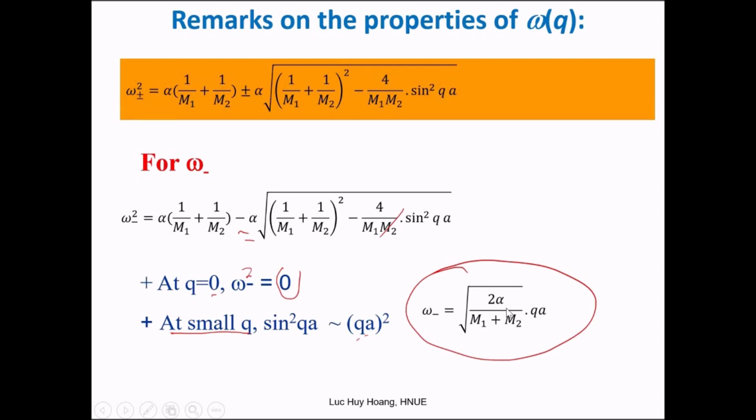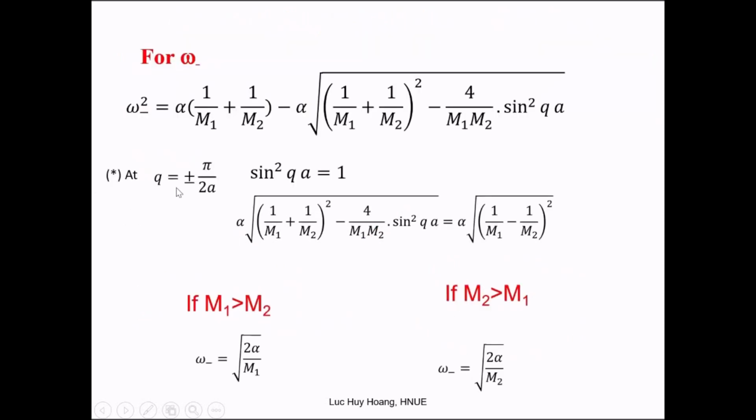And how about at the other specific point? At q equals plus and minus pi over 2a. At this point, we have sine square qa equal 1. So if it is equal 1, I rewrite this equation.